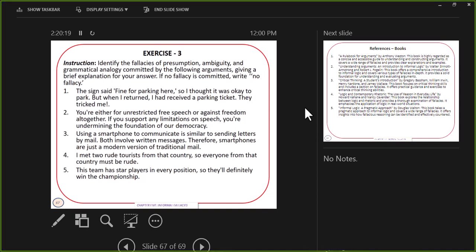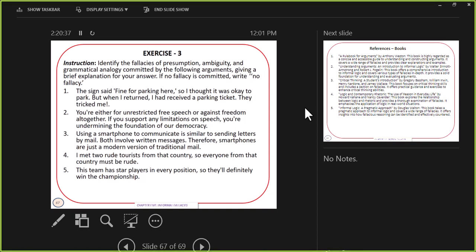Right. Read the first example. The sign said, they tricked me.